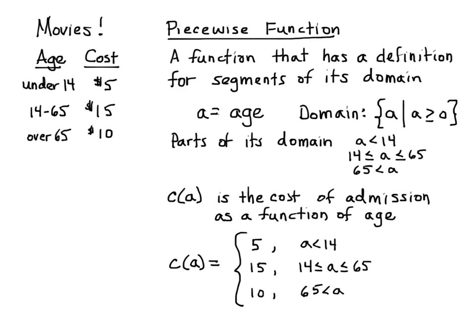Now, oftentimes you see this written not exactly like this. Instead of the comma, and sometimes you won't even see the comma, it'll be written like this, and maybe it's a little easier to understand with the word if in there.